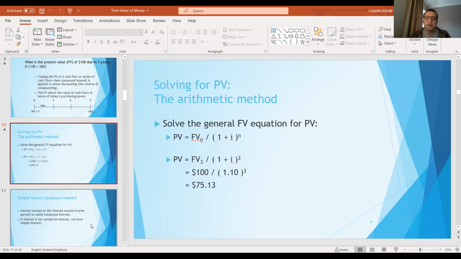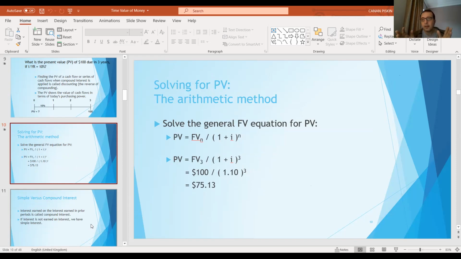It means that you can compound 75.13 with 10% for 3 years and end up with $100, or you can discount the $100 with 10% for 3 years and end up with $75.13.